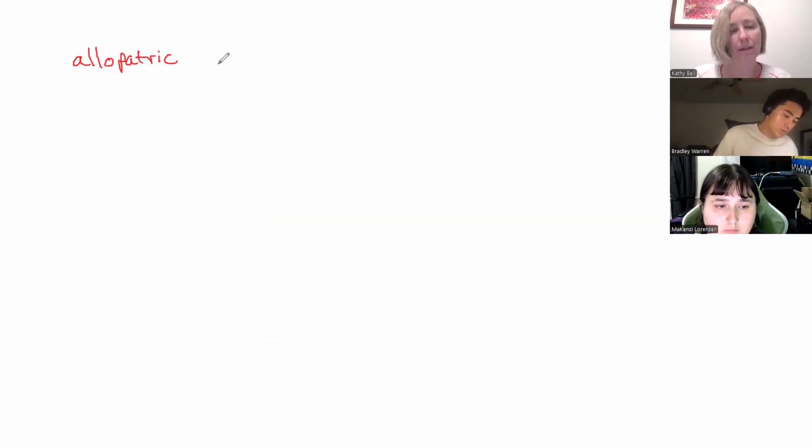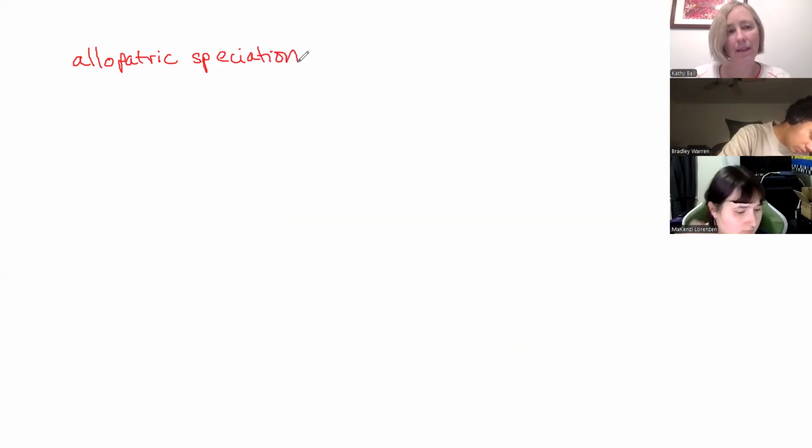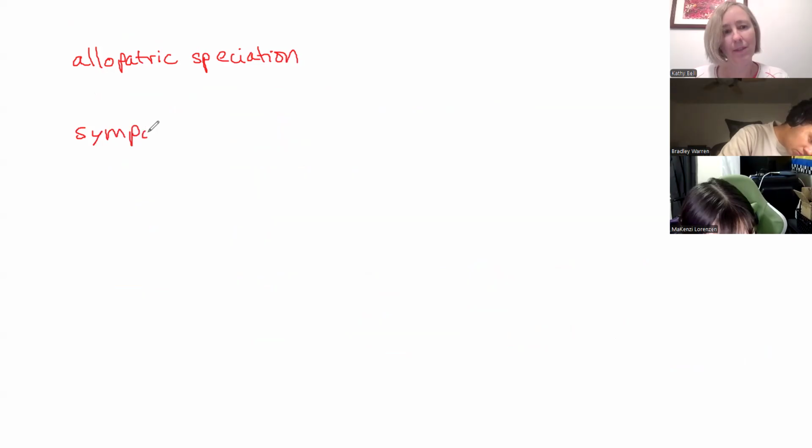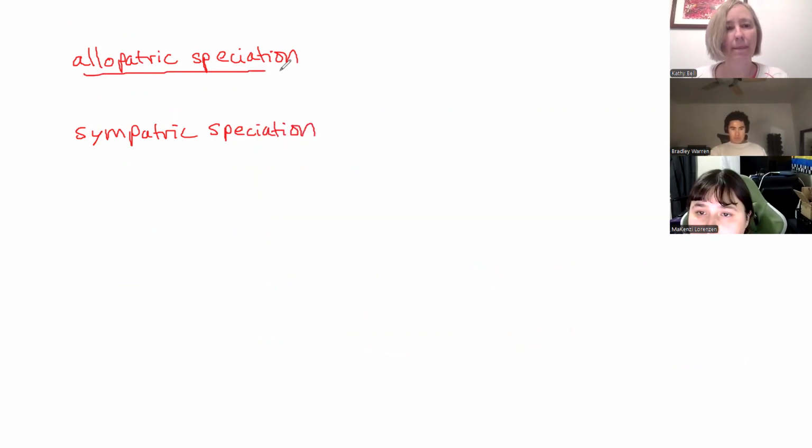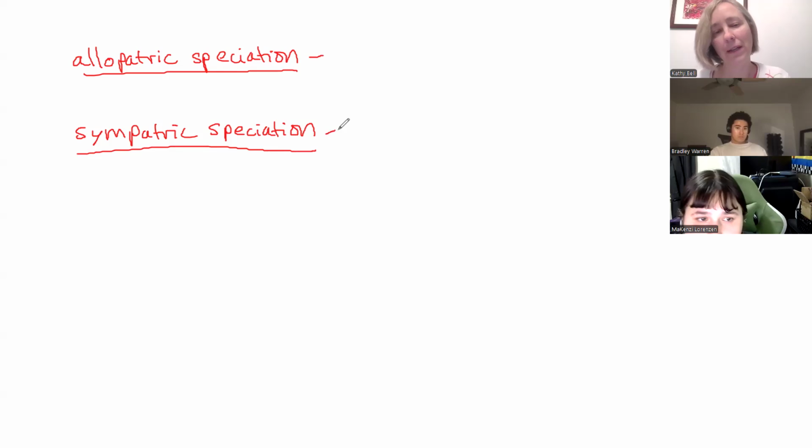We talked about allopatric speciation, and then we also have sympatric speciation. These are just some different ways we can create new species.